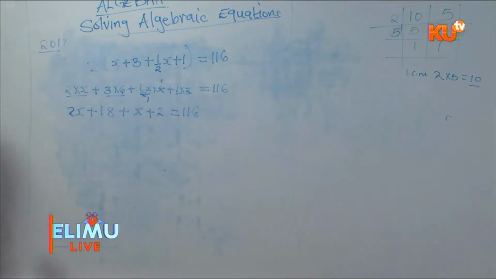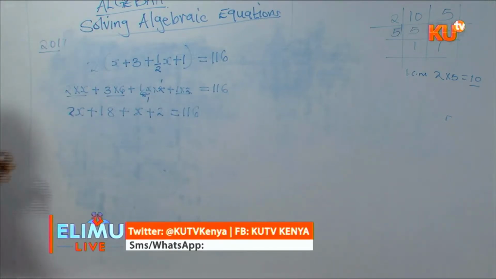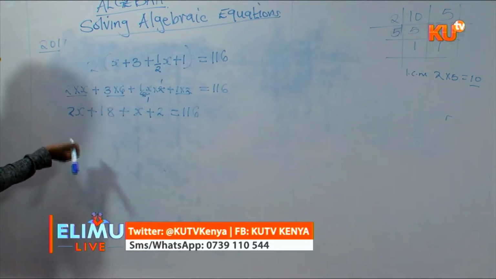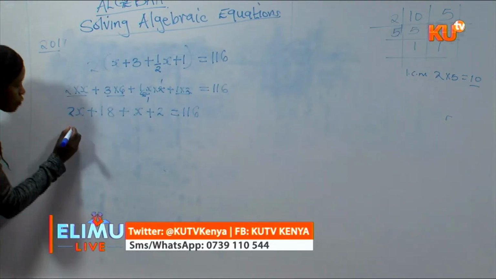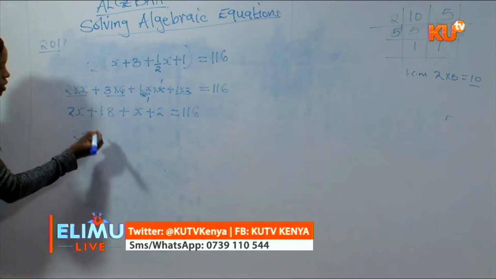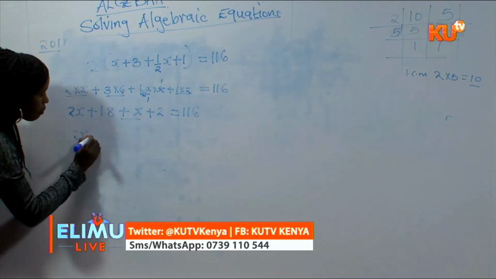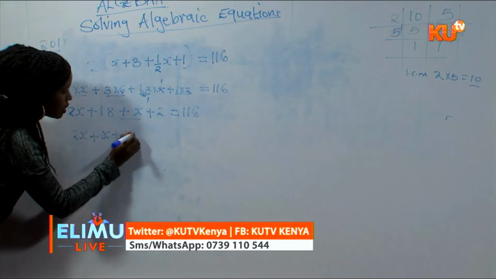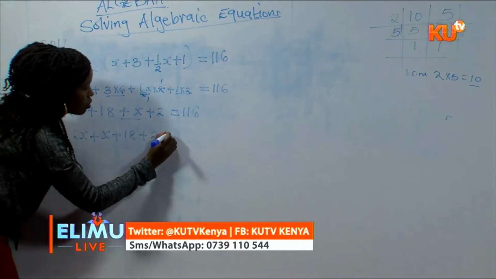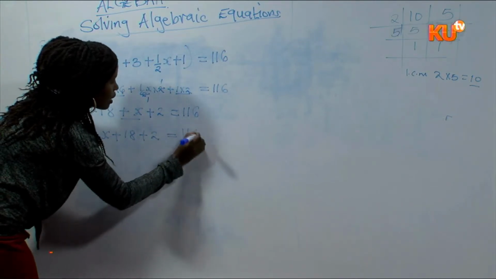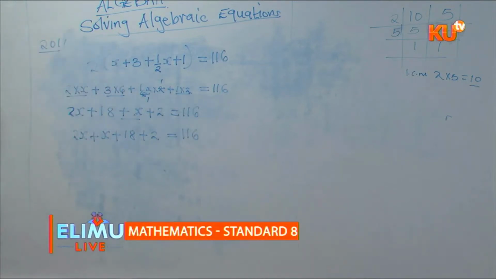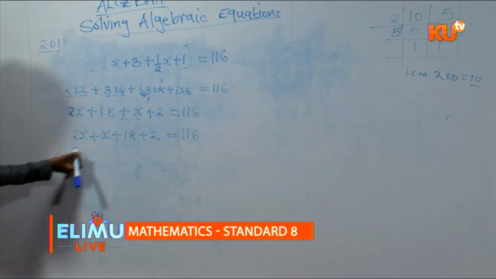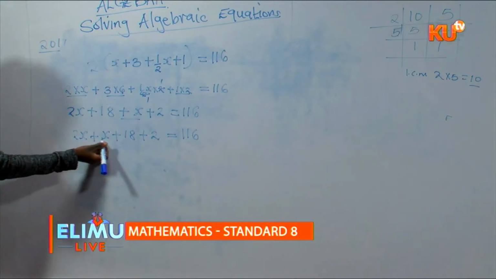So when you open after that, now we have an equation already. We collect the like terms, we put the like terms together. I have 2x, and then I have plus x, I have plus 18 plus 2 is equal to 116. You add this, this is 2x plus x.